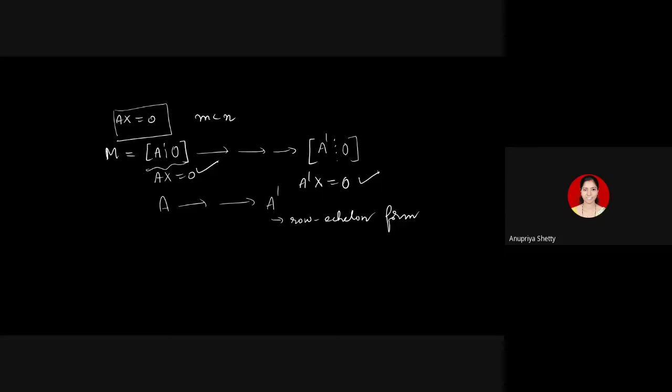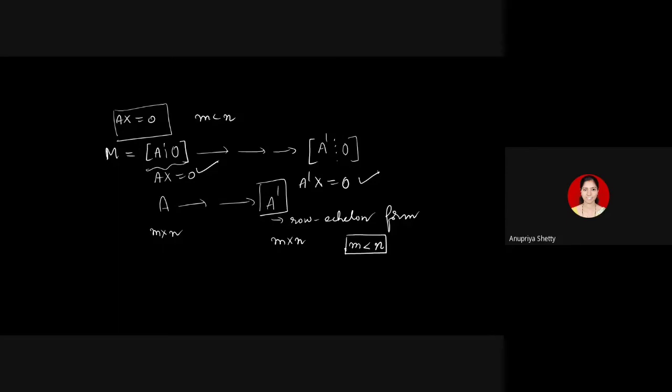So what is the maximum number of pivots this matrix A dash can have? A dash is in the row echelon form now. At the maximum, how many pivots can it have? Remember, A is of order m by n. A dash is also of order m by n. The number of rows m is strictly less than n. Keep this in mind.